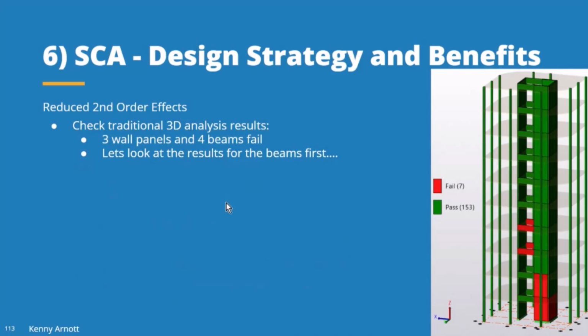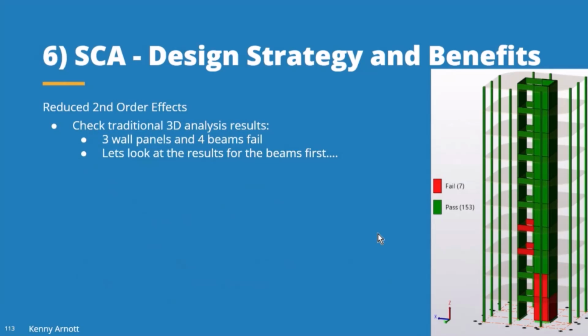So what I can then do is switch it into a check design mode and switch off the stage construction analysis. I'm now designing it for the 3D analysis results. And when I check it that way, I get 3 wall panels and 4 beams that fail. So these are the wall panels and beams where the traditional method has got some level of over design.